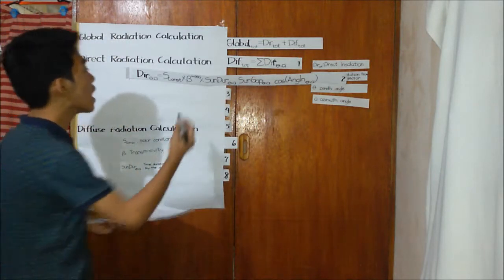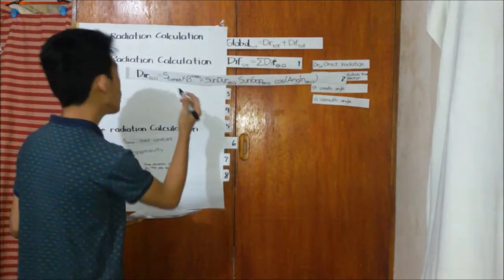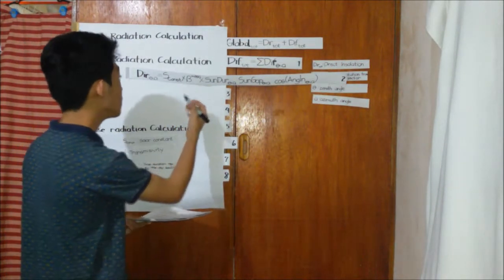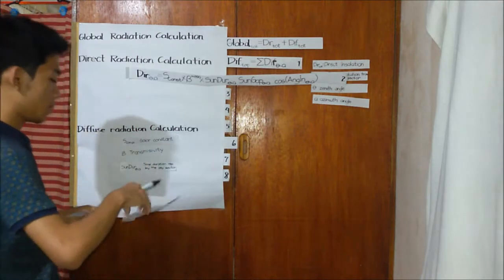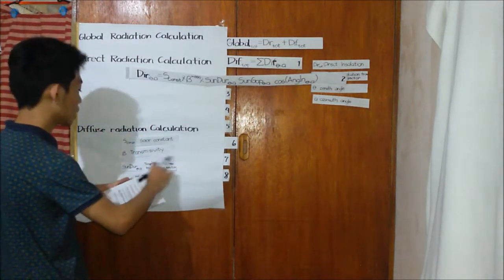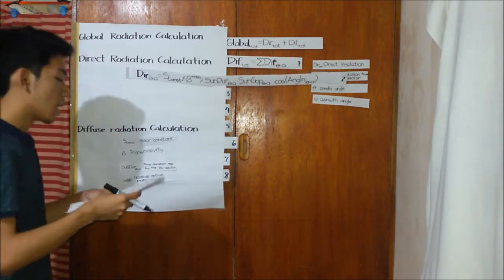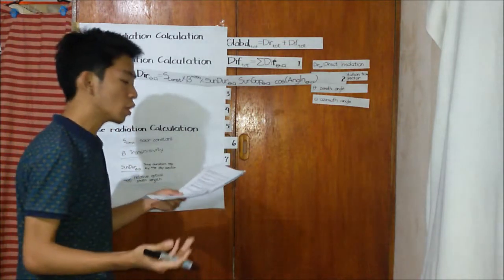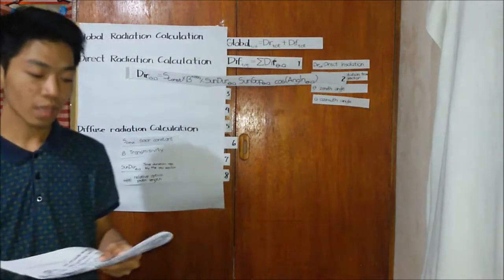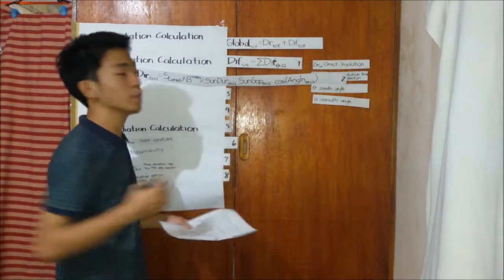By the way, the transmissivity is raised to the power of m, the relative optical path length, measured as a proportion relative to the zenith path length, which you can see in equation number 3.